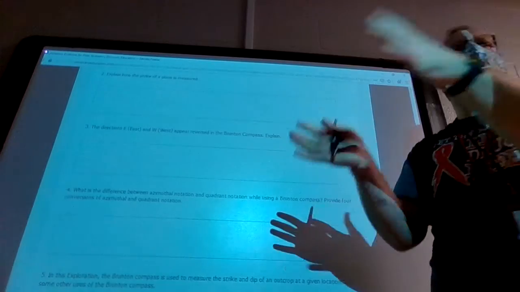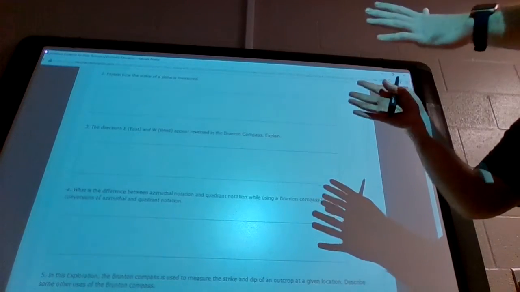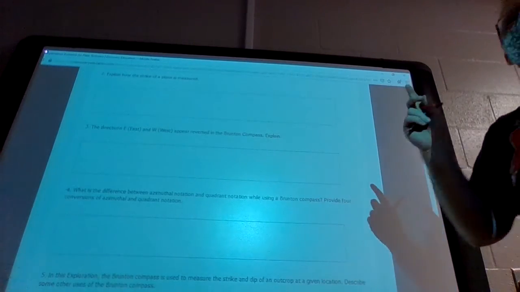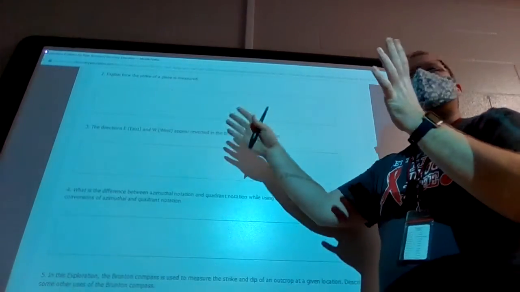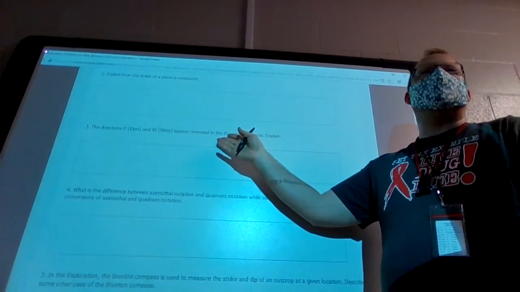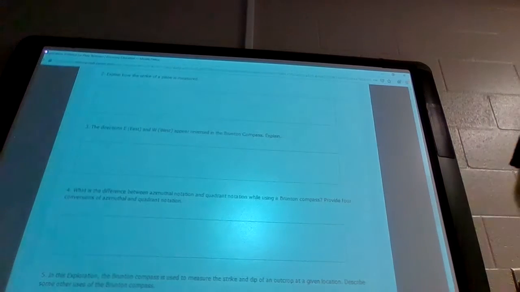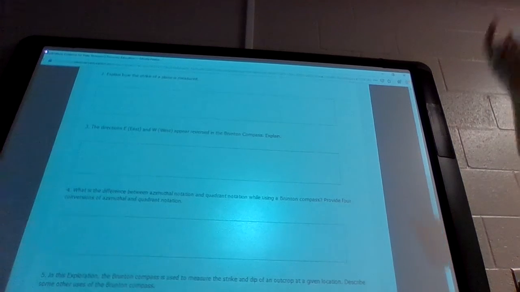So I don't reorient the compass to match north, and then it tells me what's east and west. I reorient the compass to match the rock, and it tells me which direction the rock is going. And so for that to happen, it's got to be reversed from the normal east and west. East has to be the west direction, and west has to be the east direction.